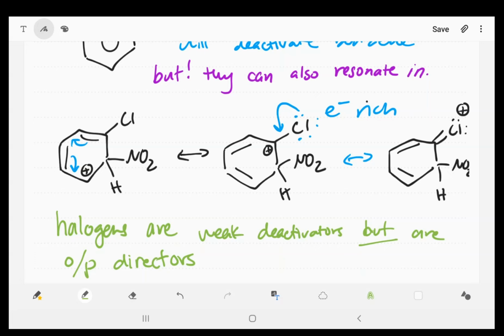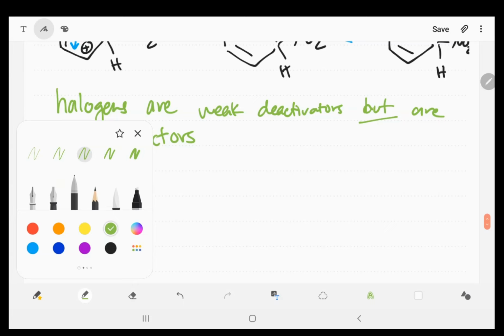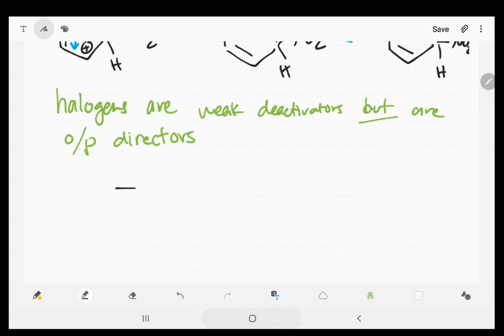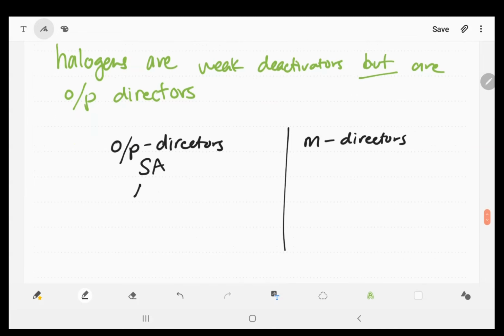Okay. So, with that all in mind, it may be helpful to make a little chart. We're going to see that we have our strong activators, our moderate activators, our weak activators, and our weak deactivators are all going to be ortho-para directors.